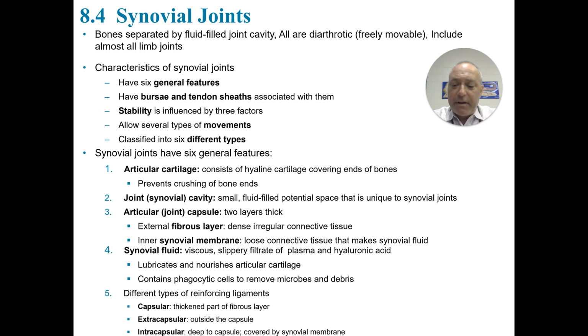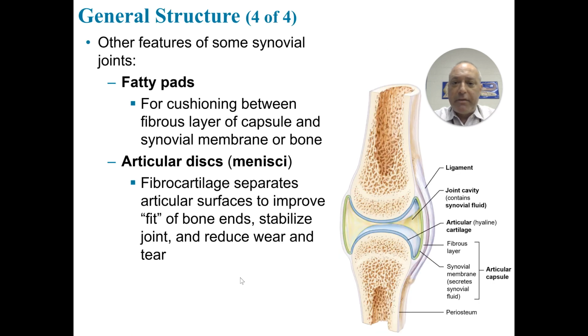And a couple different kinds of ligaments. There are capsular reinforcing ligaments, extracapsular, and intracapsular. Okay, so other features of these synovial joints are fatty pads, which are cushions between the fibrous layer of the capsule and the synovial membrane or bone.